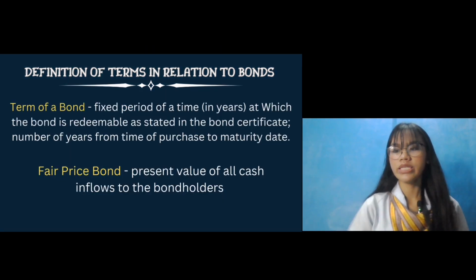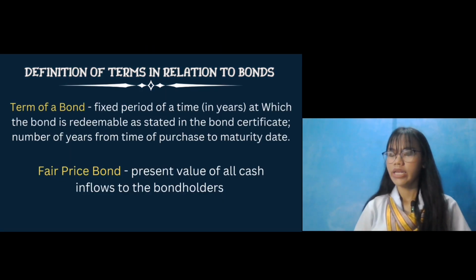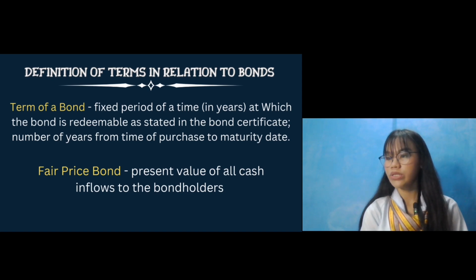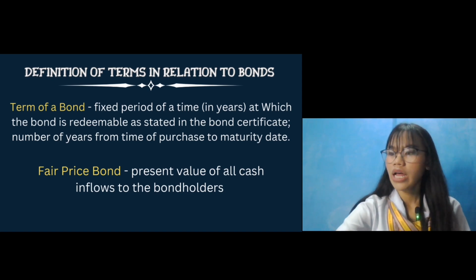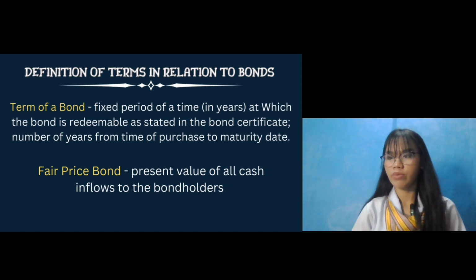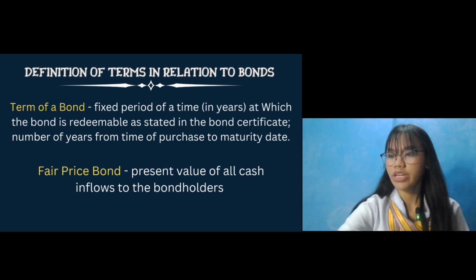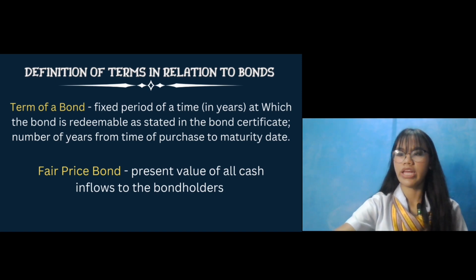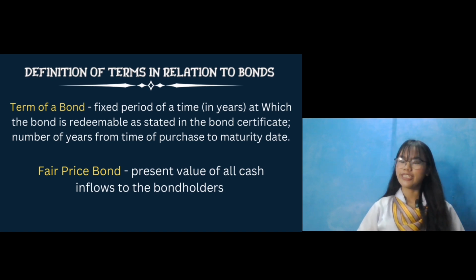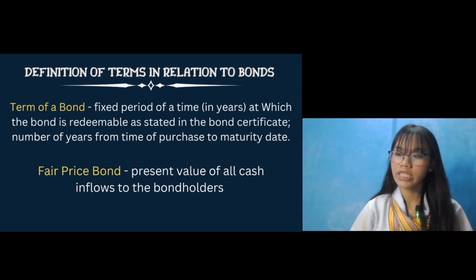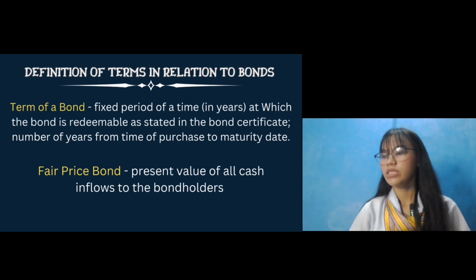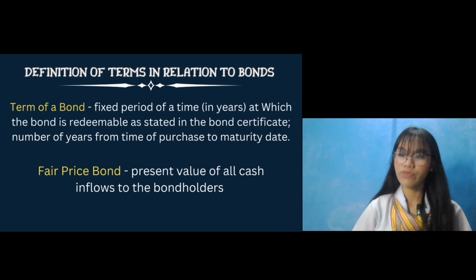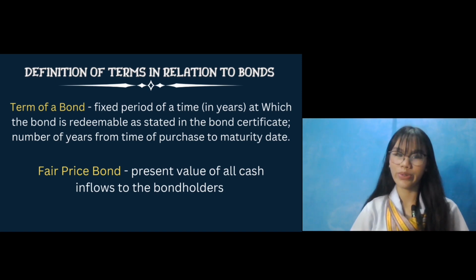And of course, next is our term of a bond. This is the fixed period of time in years at which the bond is redeemable, as stated in the bond certificate, the number of years from time of purchase to maturity date. So that is the definition for it. In our fair price of a bond, this is the present value of all cash inflows to the bondholders.